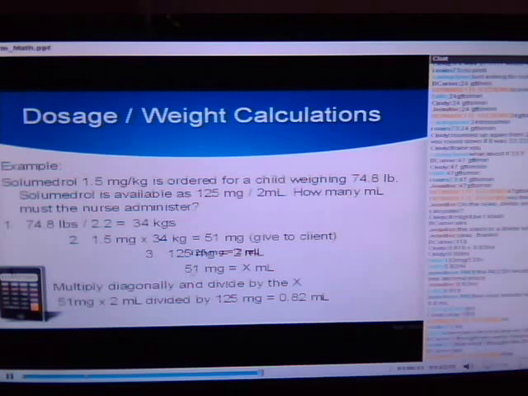If it's 0.85, then it absolutely would be 0.9. However, you don't do that unless the NCLEX is asking you specifically to round your answer to the first decimal. And unless they ask you that, don't do it. Okay?